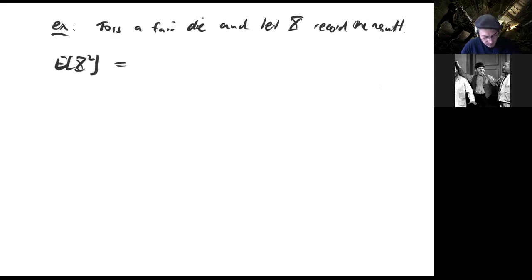It's the sum over x of x squared, the second moment, times the probability of x. Remember the sample space here is 1, 2, 3, 4, 5, 6, and the random variable is just going to record the outcome. And p of x is 1/6 in this case, right?